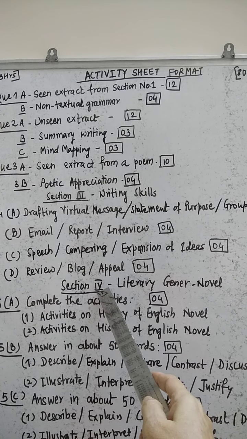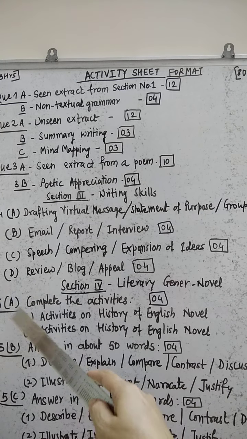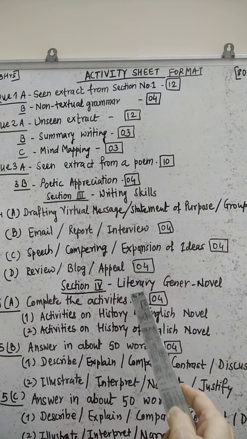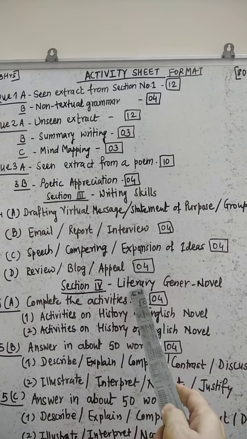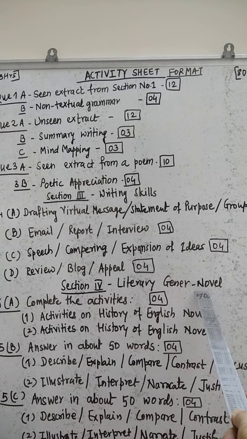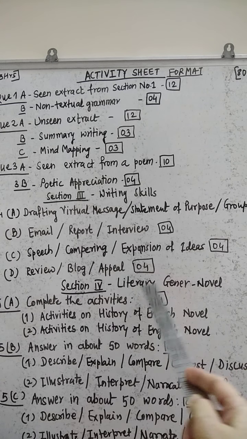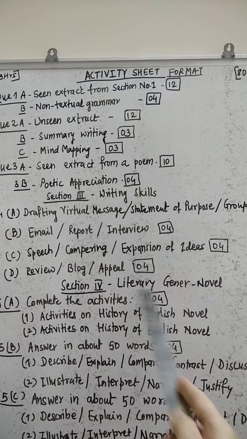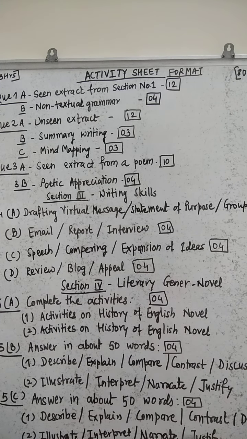Let us move ahead where we will be dealing with question 5, that is based on section 4. Section 4 deals with the literary genre novel. This section also is a very important part of the question paper because this question also carries 16 marks.